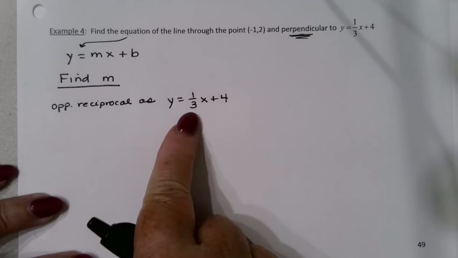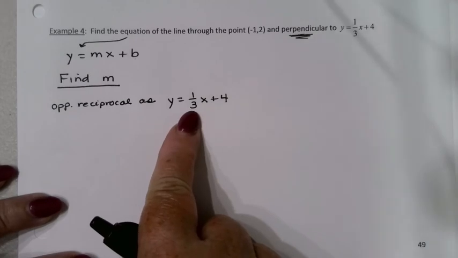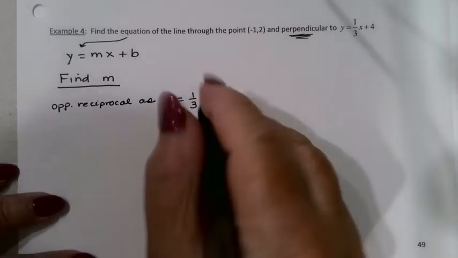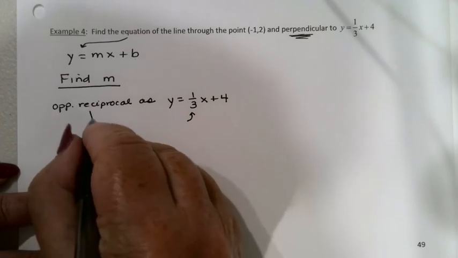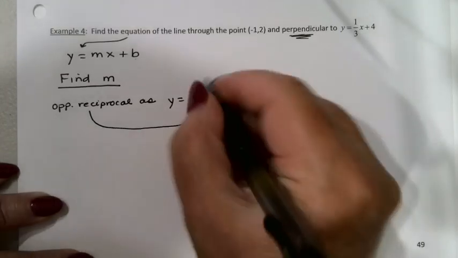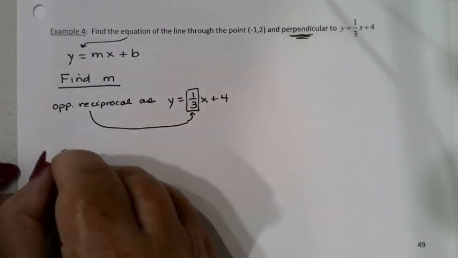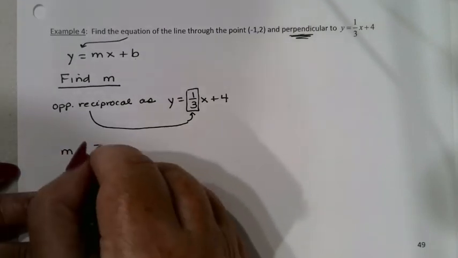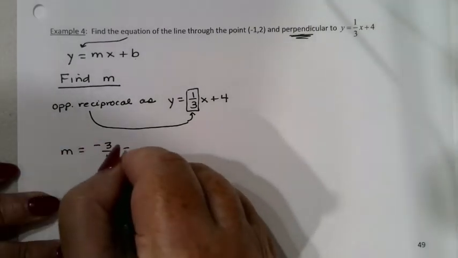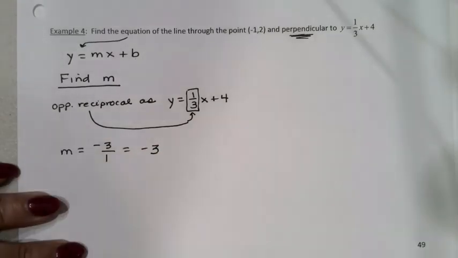So I can actually pick the slope out right here. I want the opposite reciprocal of 1/3. So the slope that I want is -3/1, or in other words, just -3.